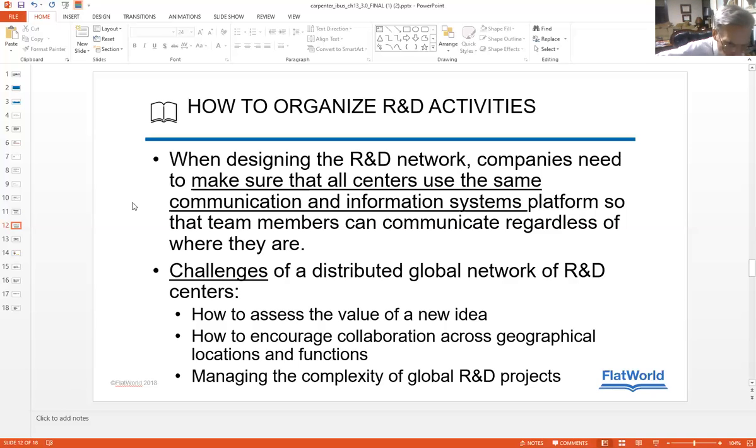Okay, so the first thing the authors suggest is that a common communication system is needed when you have all of these laboratories spread around the world.